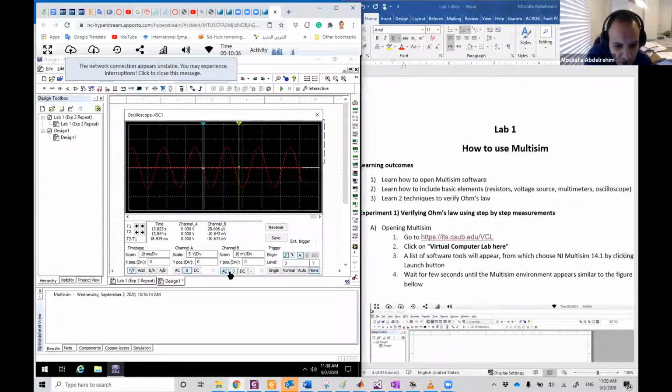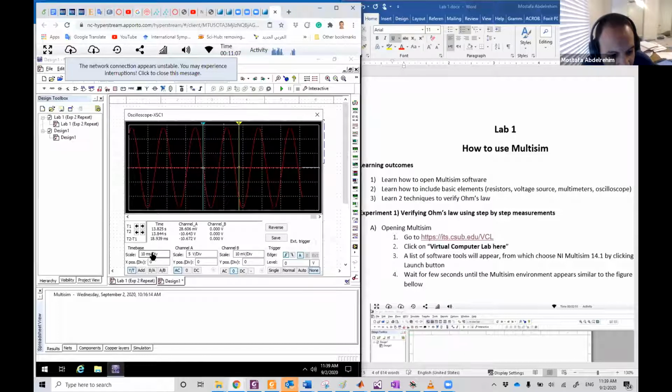And if we show channel A, the division here is 5. So how many divisions, for example? This may be 2 point something divisions, 2.9, for example. So if you want to know the maximum voltage, just multiply 5 by 2.9, which is approximately again 14, like what we measured using the pointers.